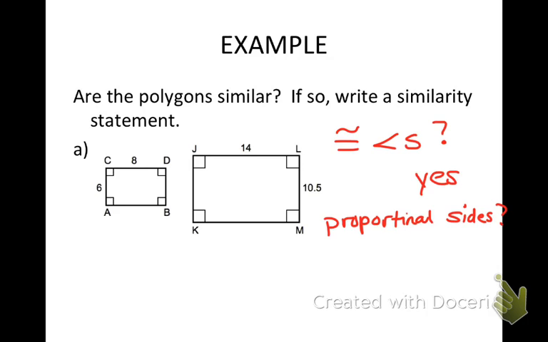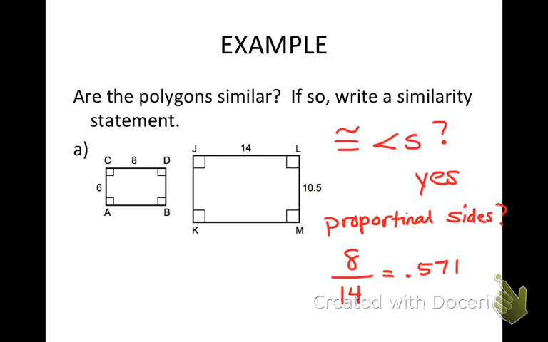So I'm going to make 8 be proportional to the largest side in my larger rectangle, which happens to be which number? 14. Good. So now I'm going to need a calculator, and I'm going to do some division. 8 divided by 14 is the decimal 0.571 with some numbers after that.